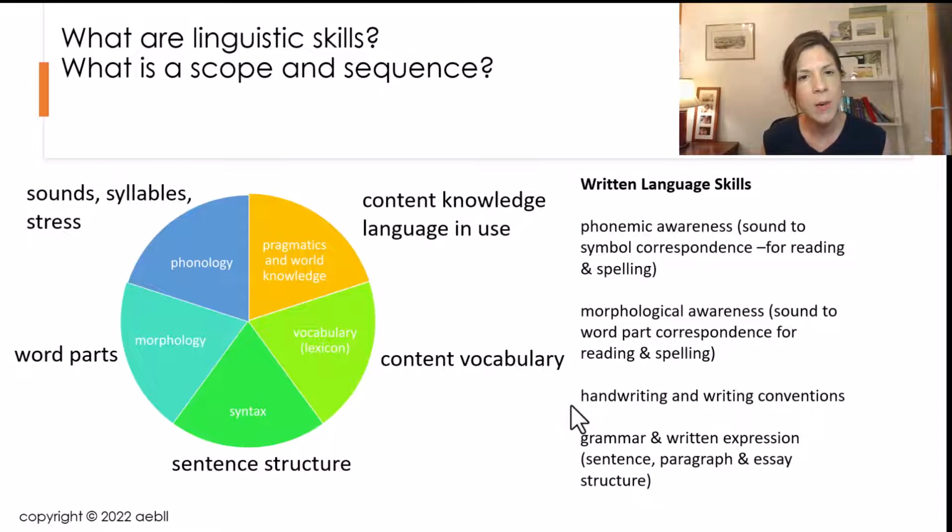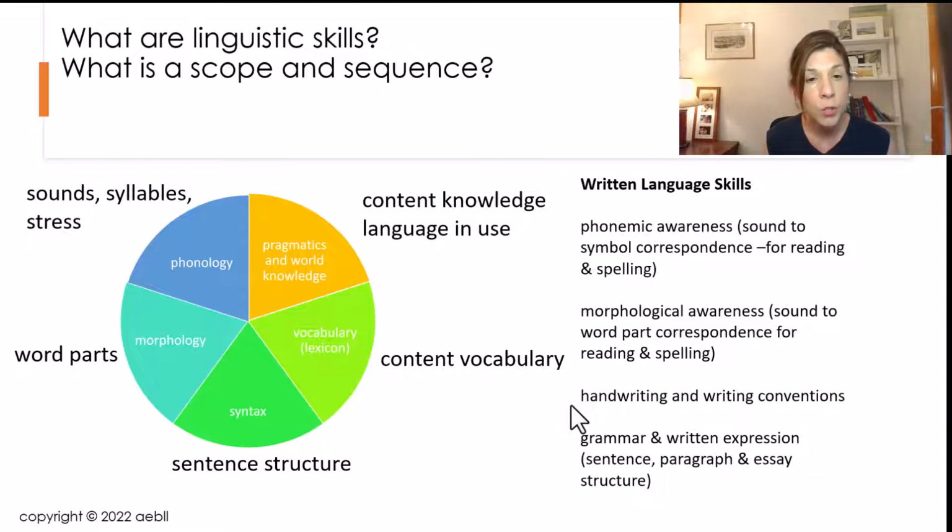And it's something that we want to continue to reinforce. And I have all kinds of fun ideas to do handwriting with adolescent students that I'm going to help you with this year. Writing conventions, things like capitalization, punctuation, how to use commas, all of those things are necessary to help our students read and write.